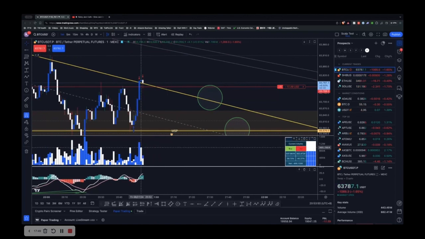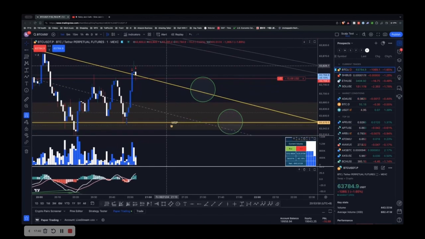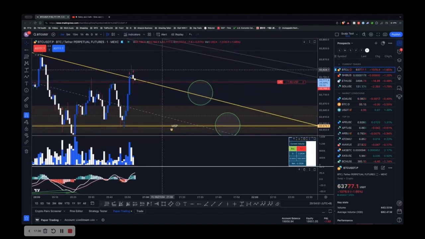We have inconsistent buying here though, right? So I think the liquidity up here is probably going to be more significant. Again, I could be wrong, but we'll see.